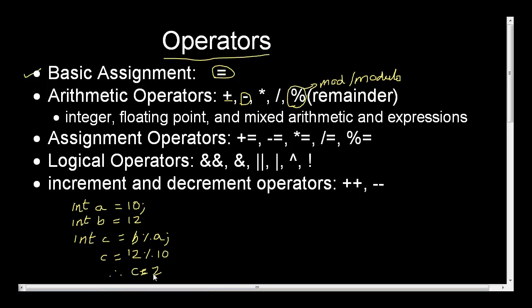So after you have done this statement, if you do System.out.print c, you're going to see the value 2 on the screen, because when you divide 12 by 10, the remainder is 2, and this is what the modulo operator does.